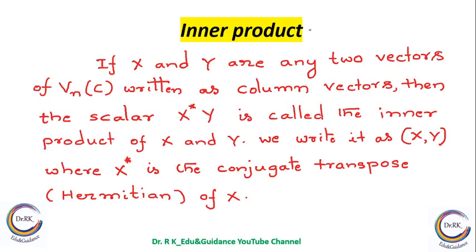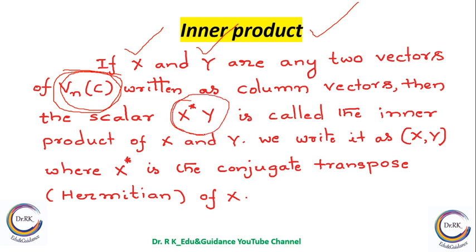So what is this inner product? Suppose x, y are two vectors over V and C, where F is nothing but the complex number set. Then x star y, where star is the transpose conjugate, that is Hermitian.